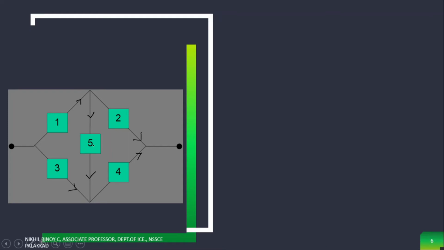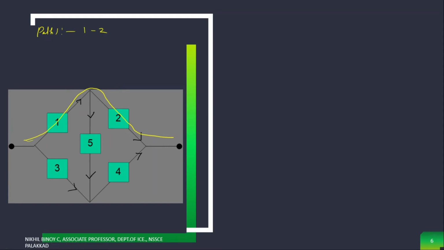Then what is the system reliability or how to find the system reliability? So here you can see that we have a path, so path 1 is through 1 and 2. That is path 1 through 1 and 2. Okay.